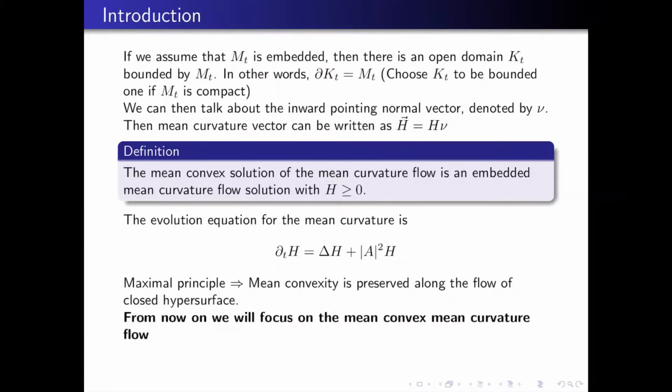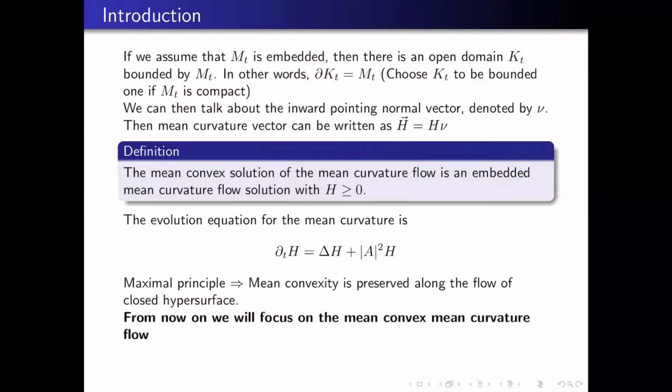Next, let's talk about the embedded solution. Remember that if a hypersurface is embedded in R^(n+1), then there is an open domain K_t that is bounded by M_t. In other words, the boundary of K_t is M_t. We also want to require that if M_t is compact, then K_t is the bounded one.